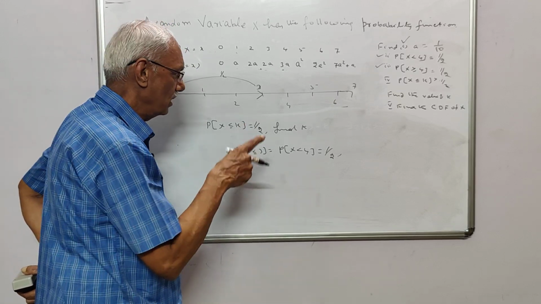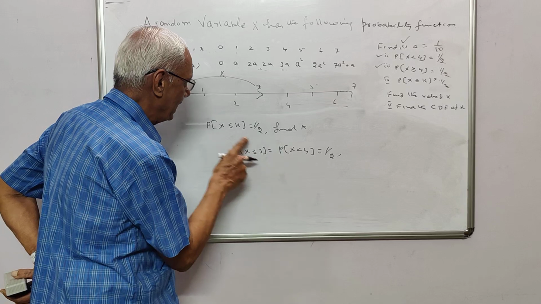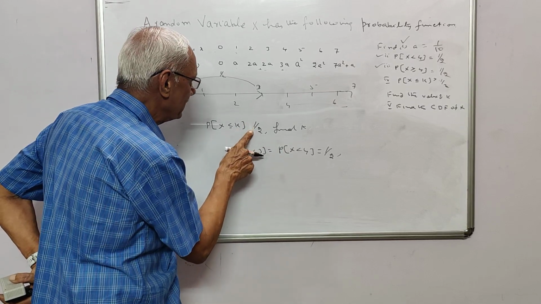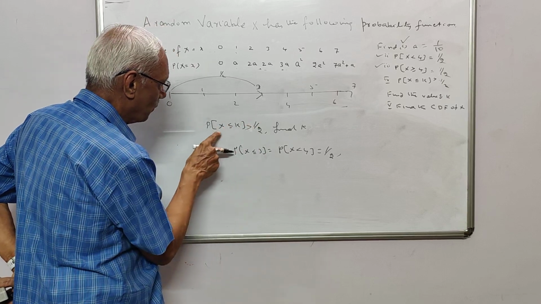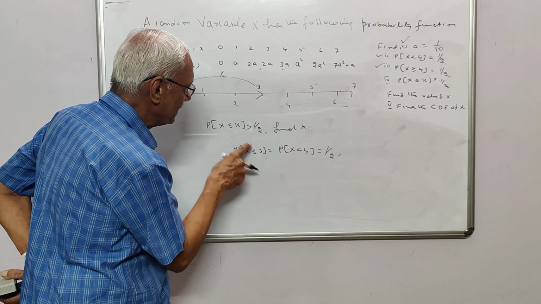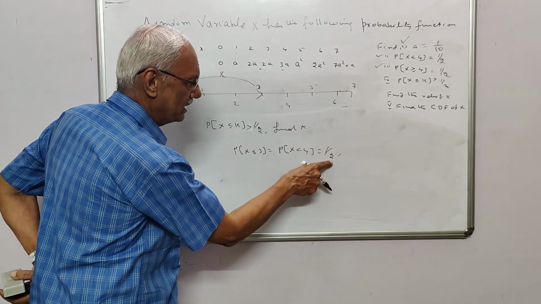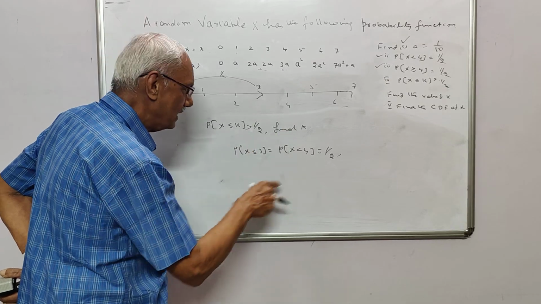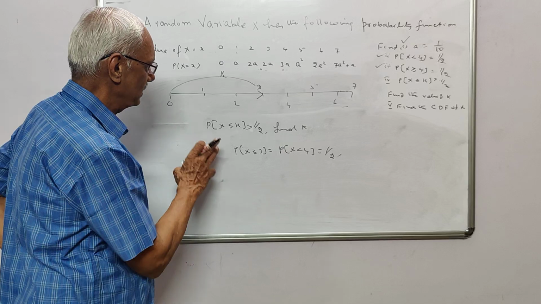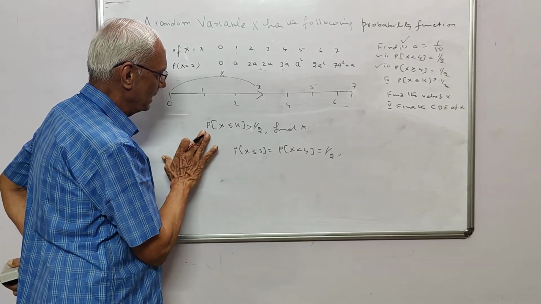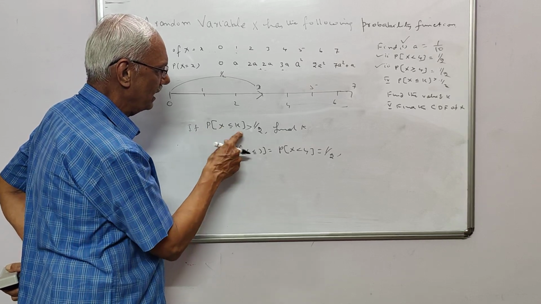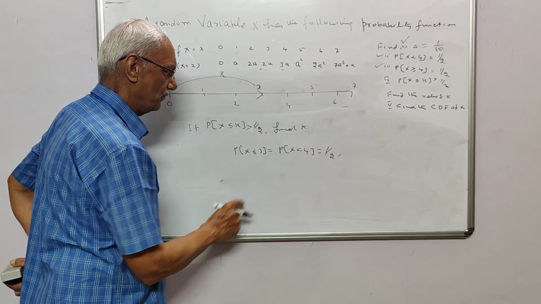But you want to know for what value of k this probability will be greater than half. If k is equal to 3, the probability is half. So naturally, only when k is equal to 4, your probability will be more than half. Can you understand? Here you are asked, if P of x less than or equal to k is greater than half, find the value of k.